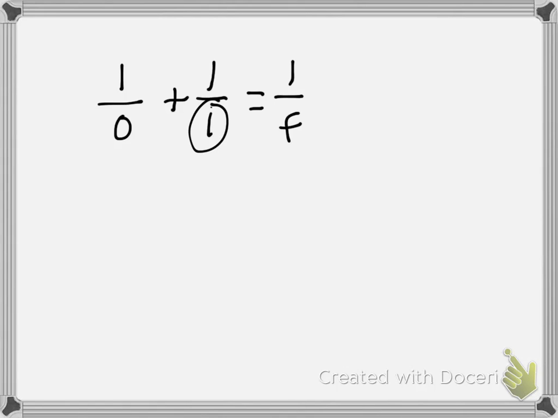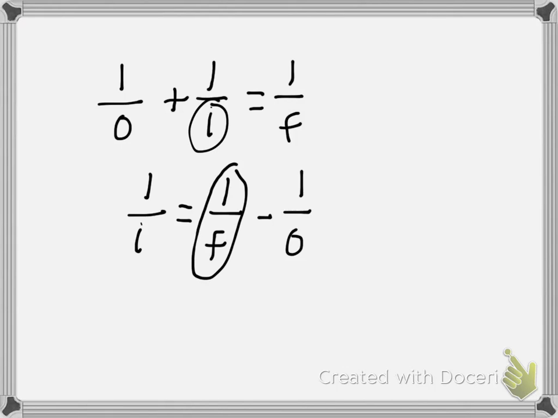All right? So we can plug all of this into our equation. 1 over O plus 1 over I is equal to 1 over F. All right? Now, remember that I is what I'm solving for. So let's solve it algebraically first. So 1 over I is going to equal 1 over F minus 1 over O. And what I can do now is multiply this fraction by O over O, multiply this fraction by F over F, and this will give me common denominators.